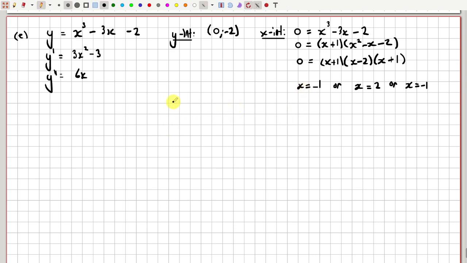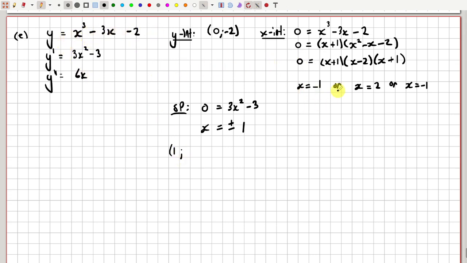And now let's look at our stationary points. We'll do that by making our first derivative equal to 0. We'll solve this and we'll get x plus 1 and x minus 1, so it's when x is equal to +1 or -1. Let's see what happens when we sub x equal to 1 in this equation over here.